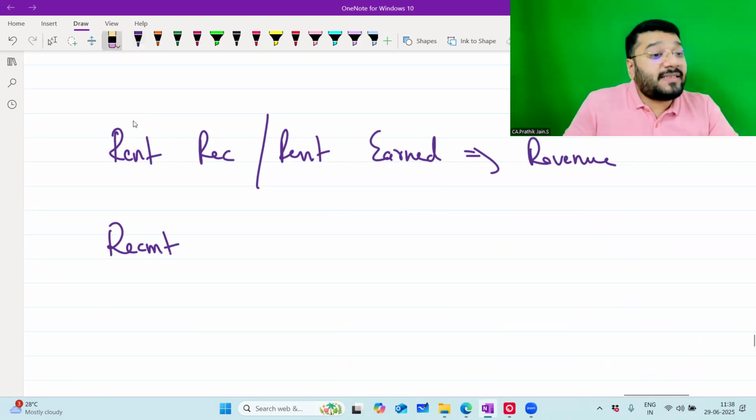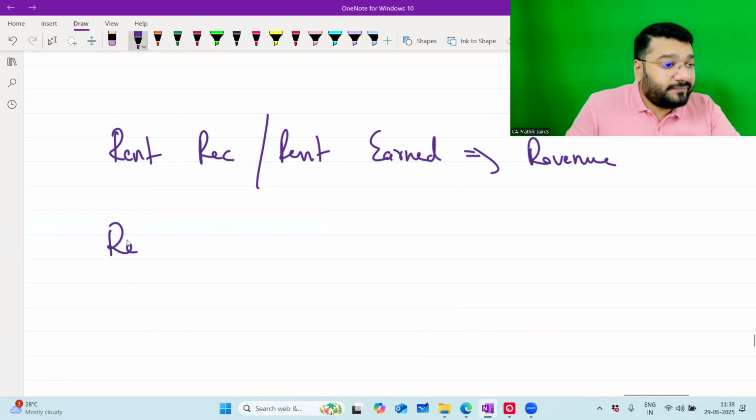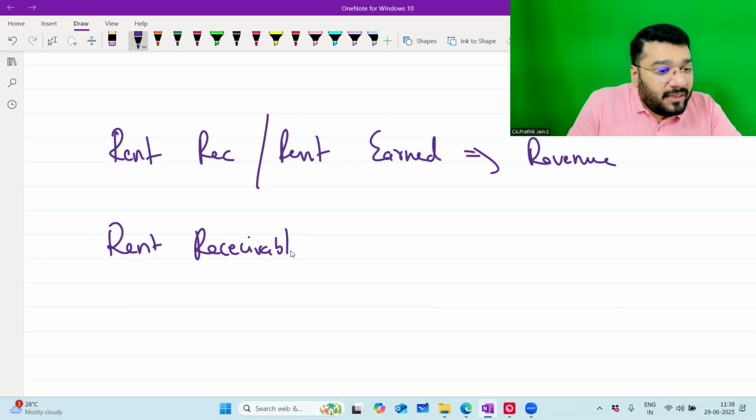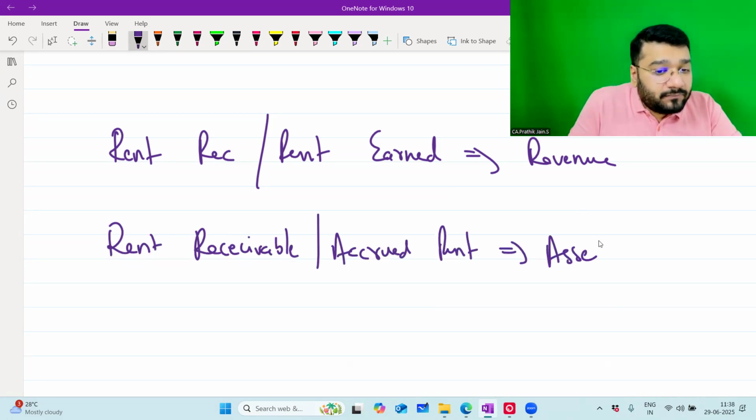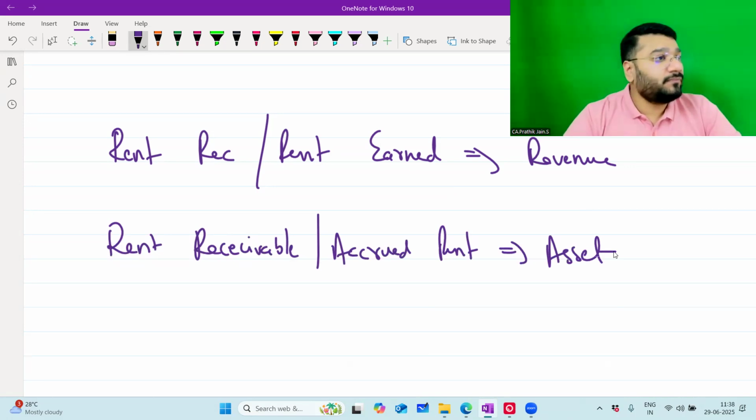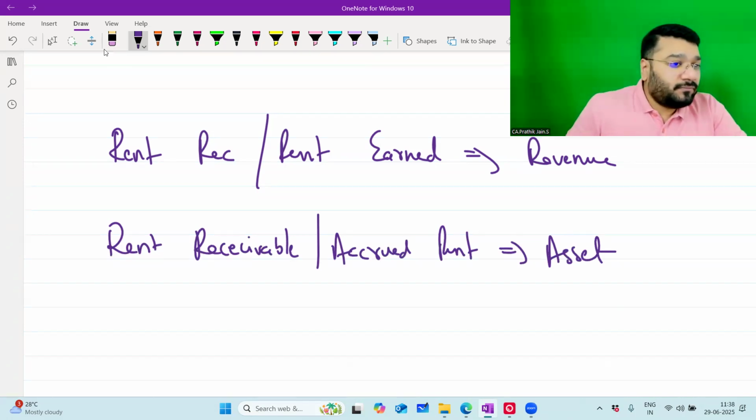Rent receivable, asset. Very good. Receivable or accrued rent are assets. Rent received.